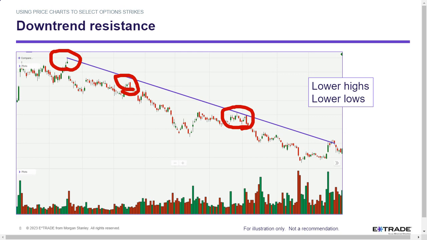If you and I are looking at the exact same chart, and we both apply, say for example, a 50-day simple moving average to the chart, your simple moving average is going to look exactly like mine because it's a calculated line based on the data. Whereas if you and I are drawing a line, as we see on here, your line's probably going to be a slight bit different than mine, but that's okay. We're both going to get the general idea. Okay, so uptrend support, downtrend resistance. Those are the things that we're going to be looking for.